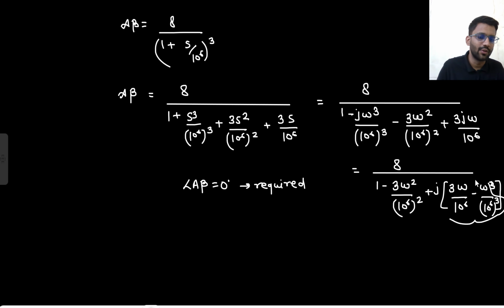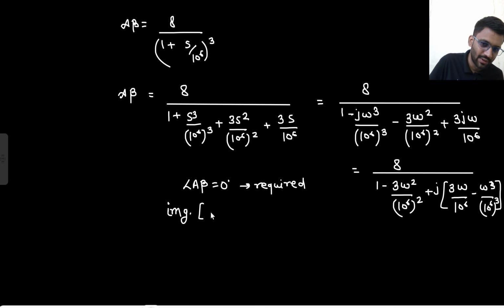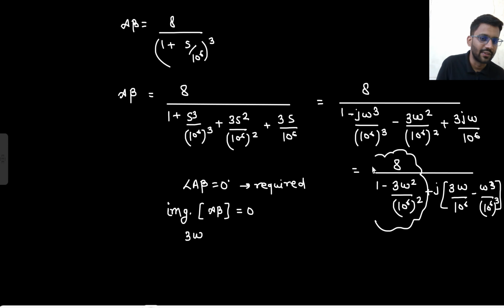Then what you do? You will put this one equal to 0. The imaginary part of A beta, I am putting that equal to 0, because I need 0 degree phase shift.